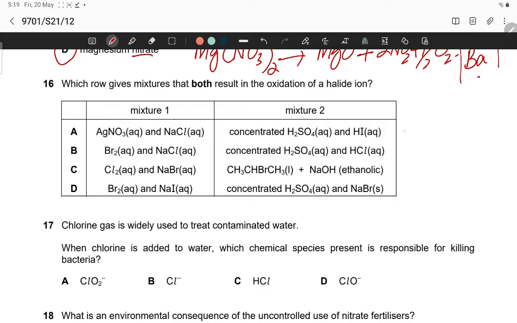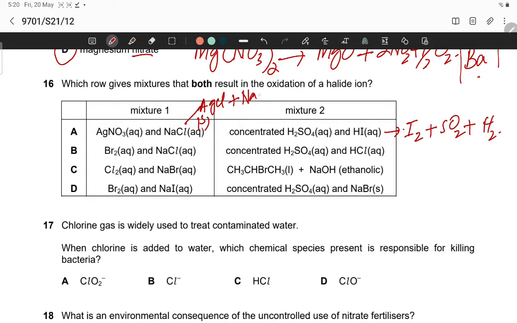H2SO4 to form I2, SO2 plus H2S, and this is sodium chloride. Precipitates are formed: silver chloride, a solid precipitate.